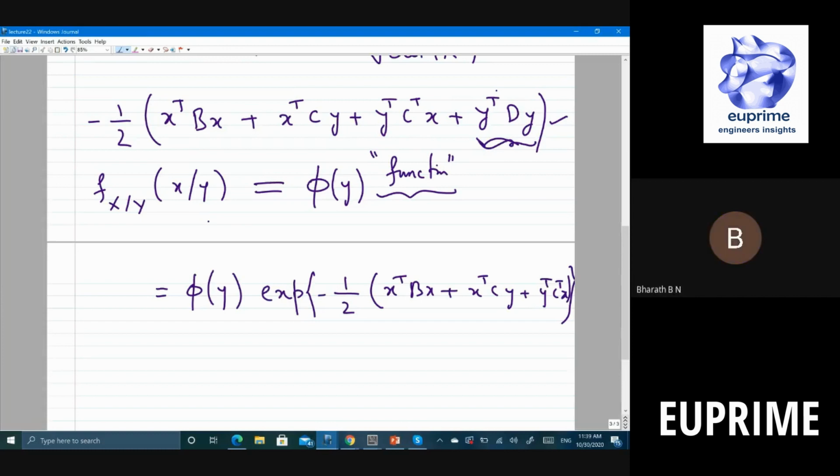Now I'll complete the squares in the exponent.